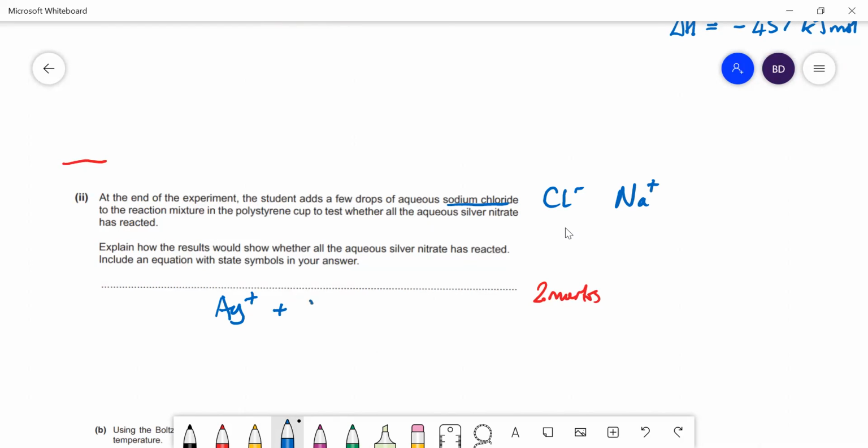If you've got any chloride ions there, it will form a precipitate of silver chloride. Silver chloride is very insoluble. So there's the equation with state symbols. It gives you silver chloride, and you would get a white precipitate. So that's a sort of test for a chloride ion.